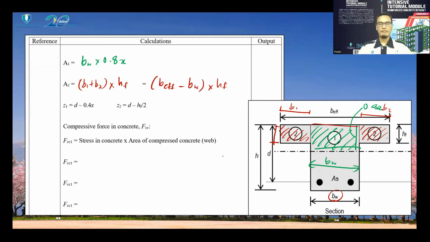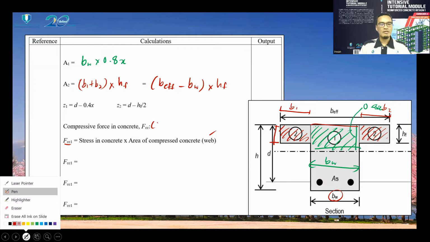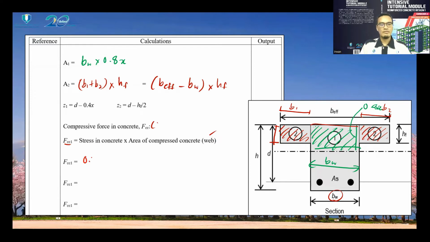So we have FCC1, the compressive force in the concrete in the web. The stress in concrete should be 0.567 fck, multiplied by the area, which is A1, bw multiplied by 0.8x.